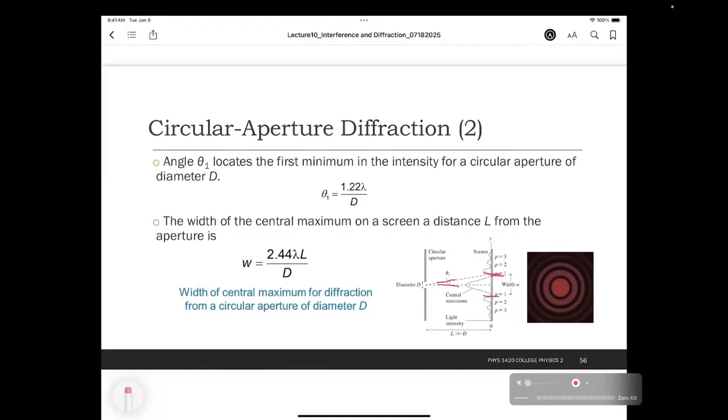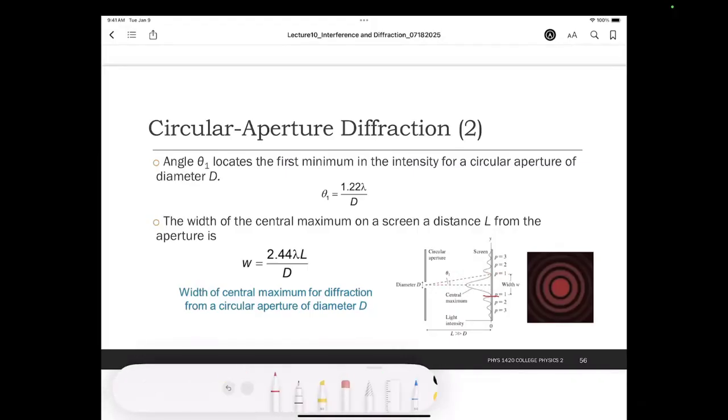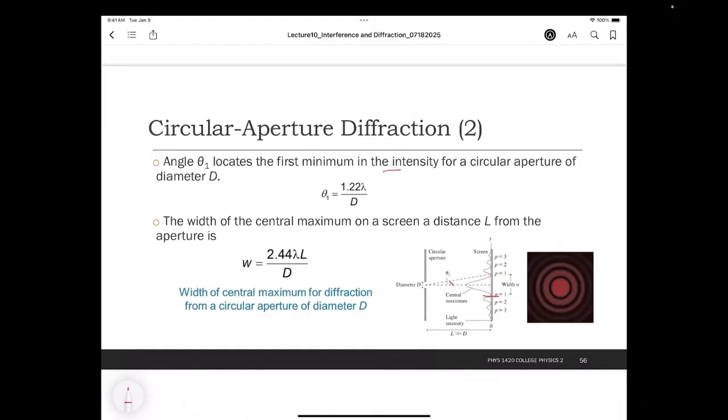Okay, let's talk about the angle theta1 here. Theta1 locates the first minimum in the intensity for a circular aperture of diameter d, and theta1 equals this equation. We can calculate theta1 using this equation. Actually, there is a 1.22.